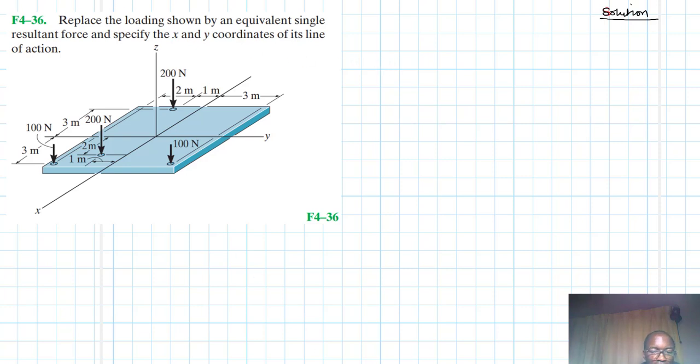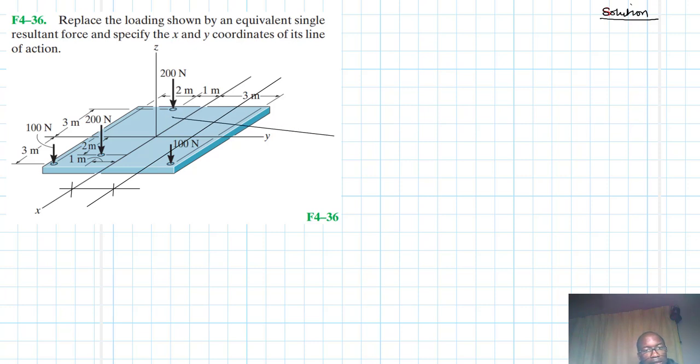Right, first things first, let's assume and then we are going to correct it. So let's say it's going to be positioned somewhere there in the y. We have this, and then maybe somewhere there.